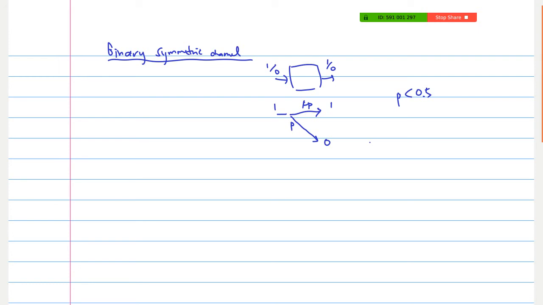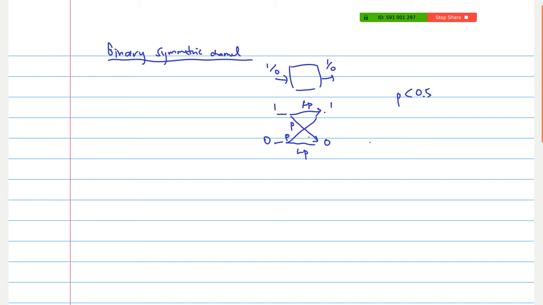And of course, the same case applies if the input is 0, because it's symmetric: with probability 1 minus p it will send out a 0, and with probability p it will send out a 1. So that's the binary symmetric channel. Very simple setup here.